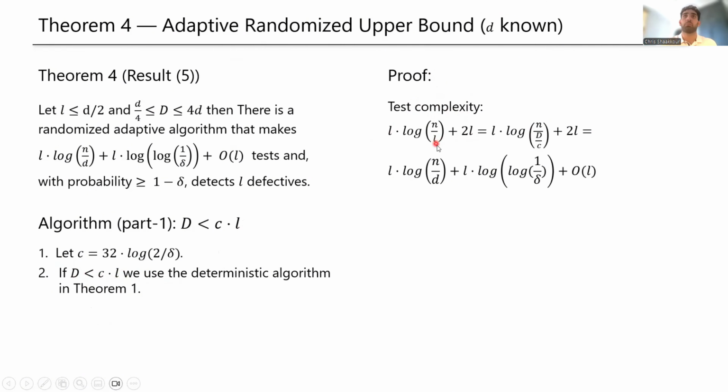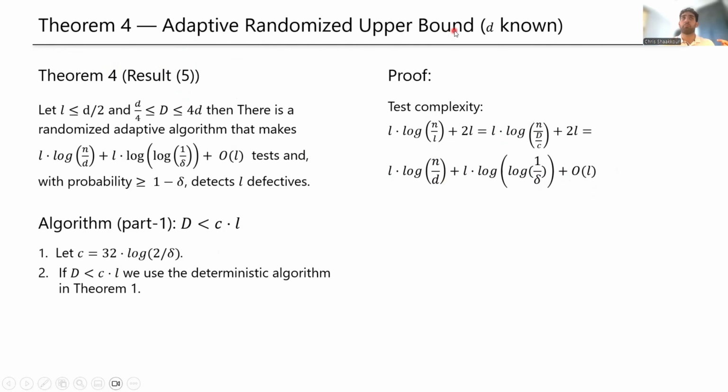Now we are going to plug L to be D divided by C from here. And we get that it is equal to L times log n divided by D divided by C plus 2L. And this is equal to L times log n divided by D plus L log of 1 divided by delta plus O of L.